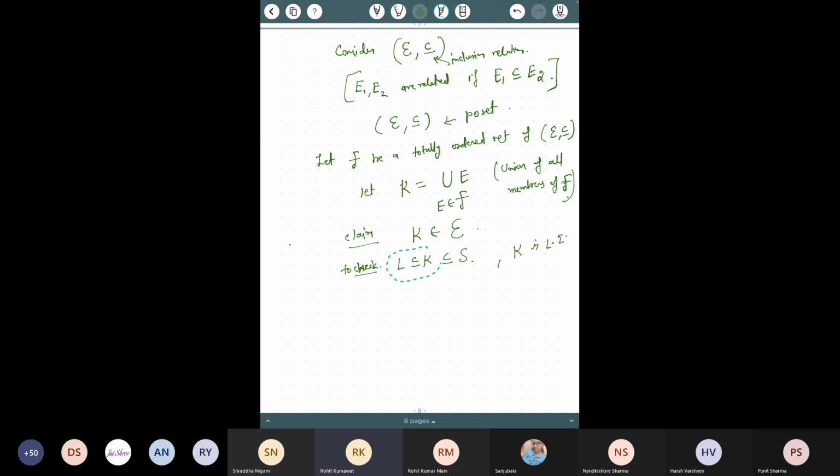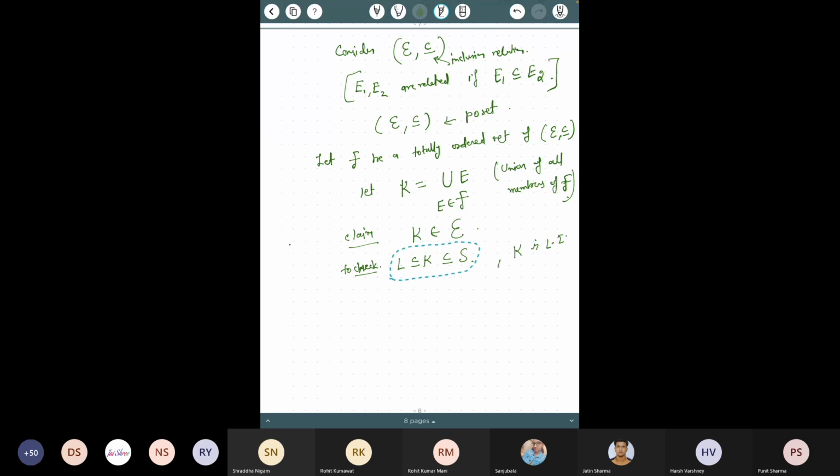With the same argument, we can say that K is a subset of S, because each of these subsets E in the union is contained in S. So their union would also be contained in S. So very straightforward, this inclusion property follows.